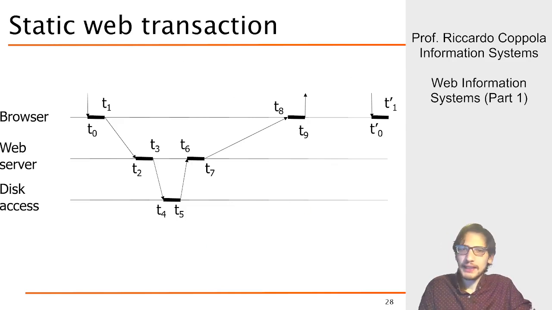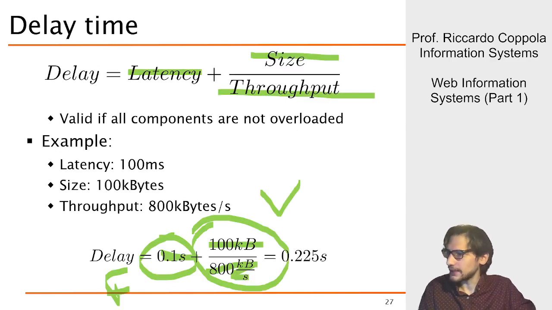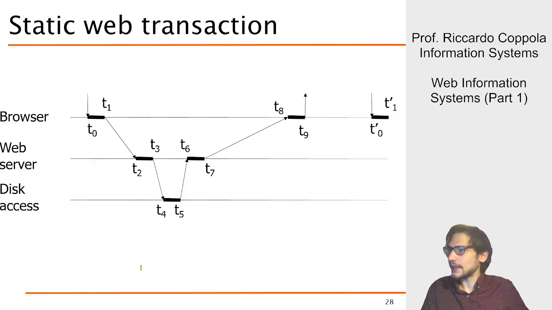In general, in every web transaction, this latency, so this fixed component here, can be split into multiple different times. The first is the browser time.